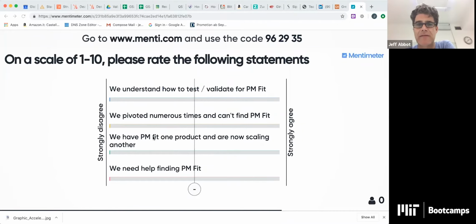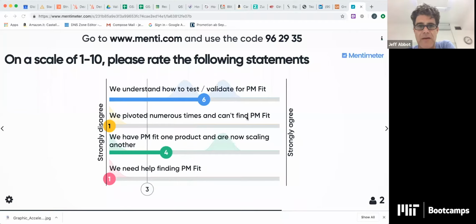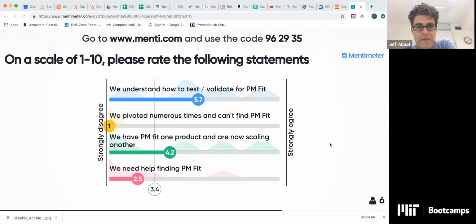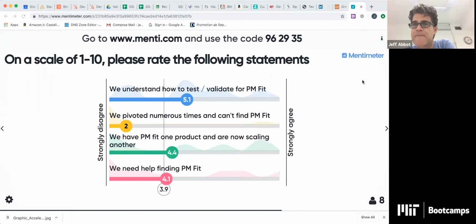You feel confident about that. Or you've pivoted a number of times and still can't find it. Or we already have product market fit for one product and we're now scaling to another. So you're in that multi-threading phase of blitzscaling where you're scaling one thing and seeing good results, and you've decided to take those learnings and extend into something new. Or we need help finding product market fit.